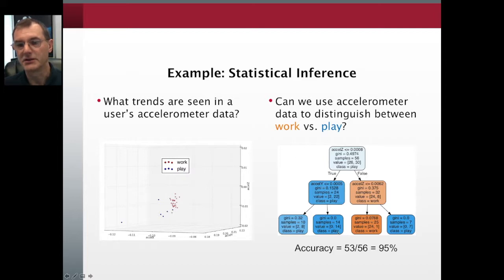So in this particular decision tree, the first question we ask is whether the acceleration in the Z direction is less than 0.0008. If it is, we go down the left branch. If it's not, then we go down the right branch. And eventually, by asking these questions, we'll get down to these leaf nodes where we will then make a prediction.